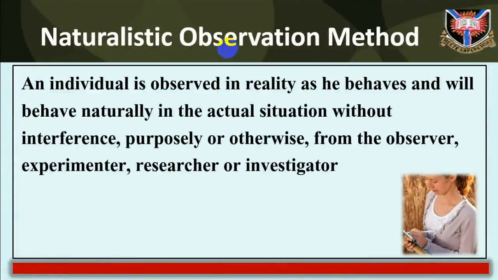By this, we mean that an individual is observed in reality as he or she behaves naturally in the actual situation without interference, purposely or otherwise, from the observer, experimenter, researcher, or investigator. However, a scientific approach is still needed for the results observed to be generalizable, reliable, and valid.